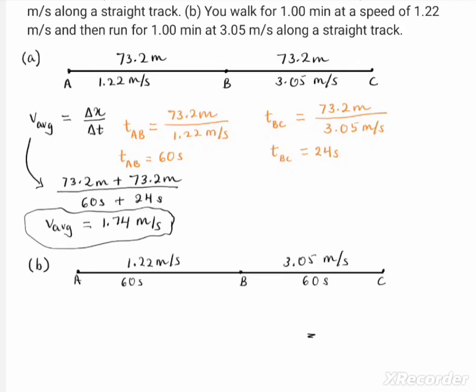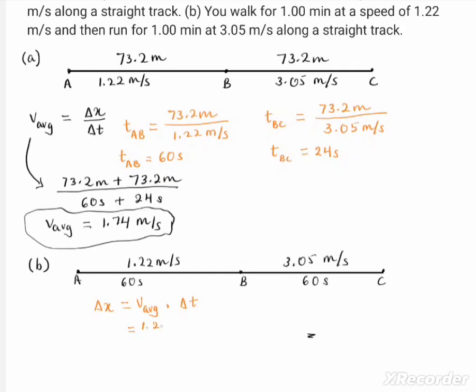So let's try to find the displacement for each segment. Here we have our delta x, which is equal to our V average times our delta t.